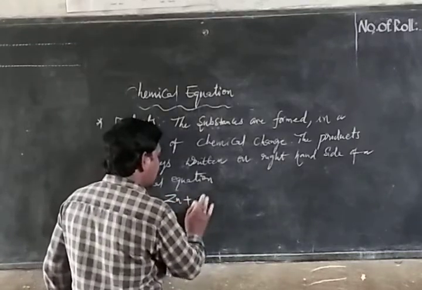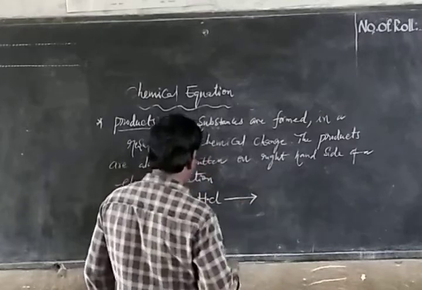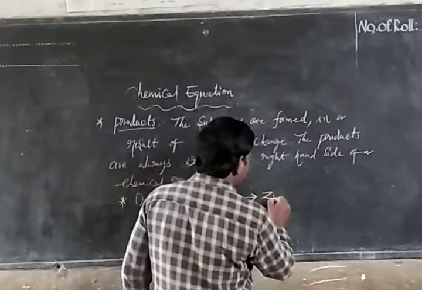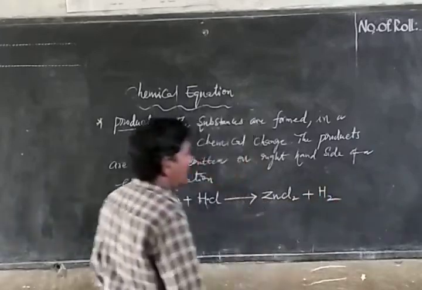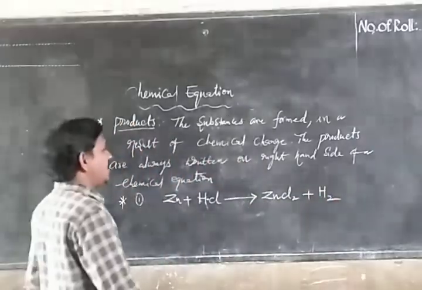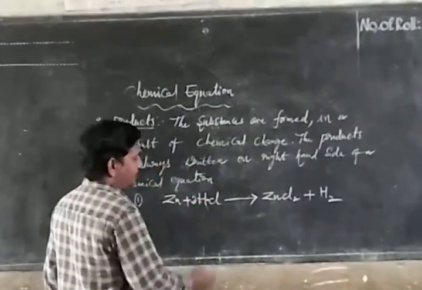Zn plus HCl gives rise to ZnCl2 plus H2. For the balancing of equation, we have to write 2 HCl.